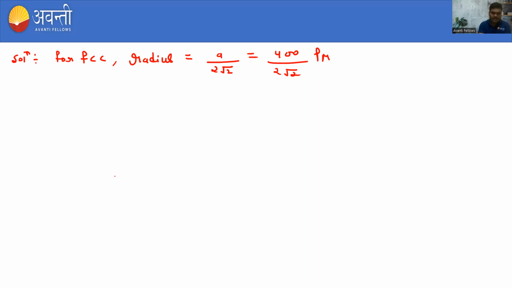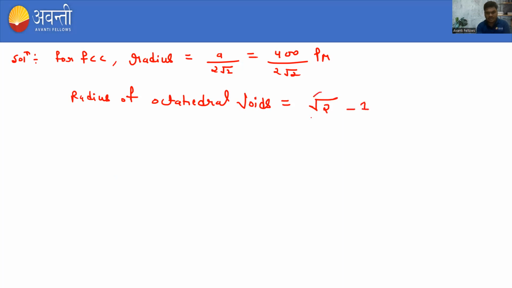So the radius of octahedral voids is equal to under root 2 minus 1 multiplied by r. So just put the value here.